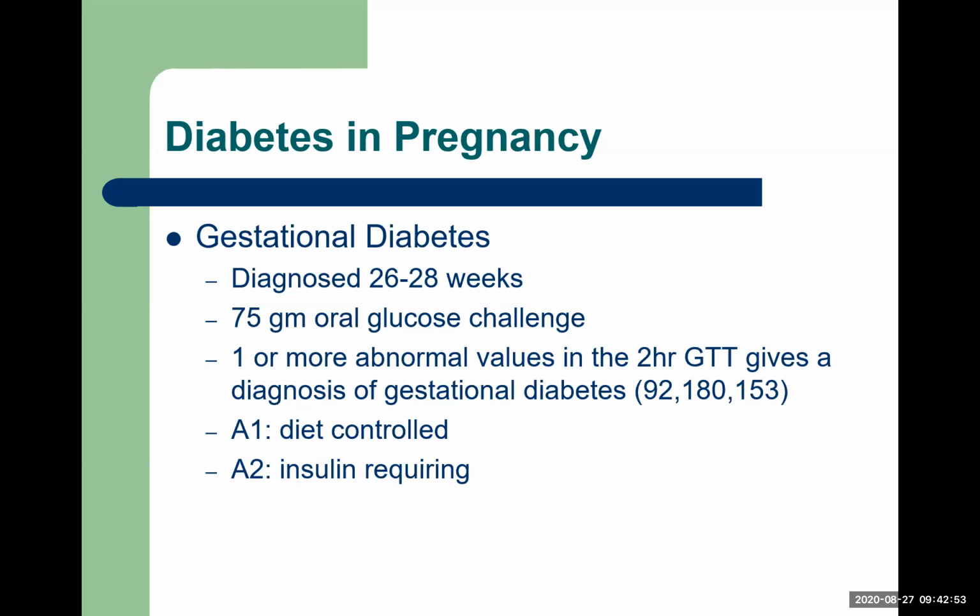And a portion of them that their sugars are still elevated, even with these 2 treatment options, then they may need to be started either on metformin or insulin, or glyburide, it's another option. And those are our A2 gestational diabetics.